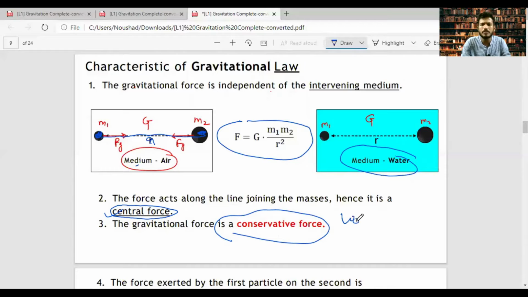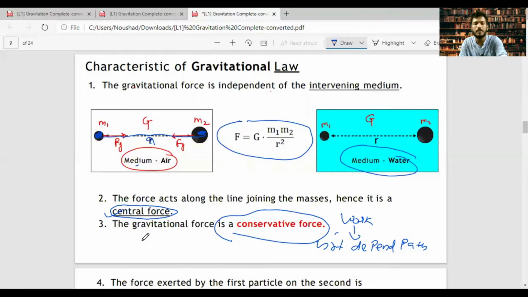Work done does not depend on the path. It's clear. Yes, there are some classifications of forces: central force, non-central force, conservative, non-conservative. The gravitational force is a conservative force. Also, the gravitational force is a central force.